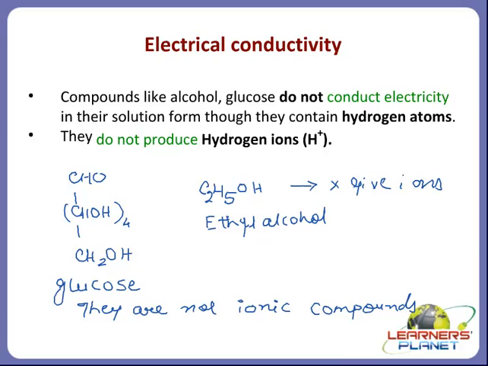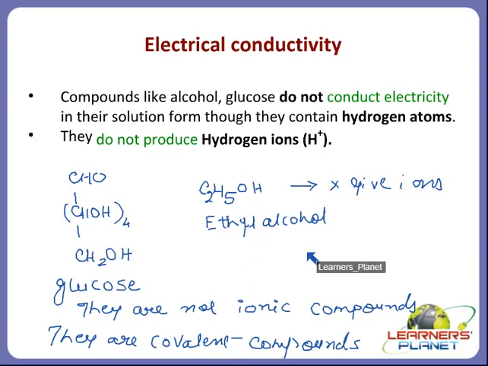What type of compounds are they? They are covalent compounds. Right, students? So these are covalent compounds. Now they are not giving any type of ions in the solution, so they are non-conductors of electricity. Got my point?